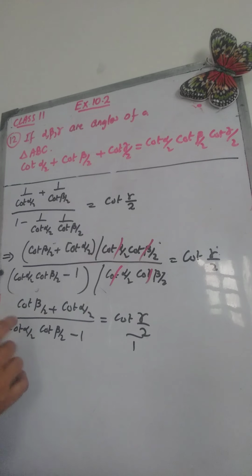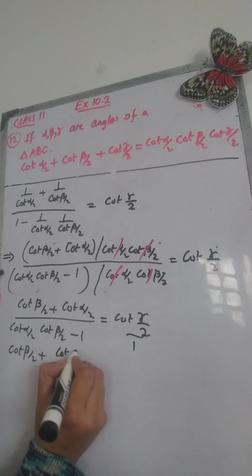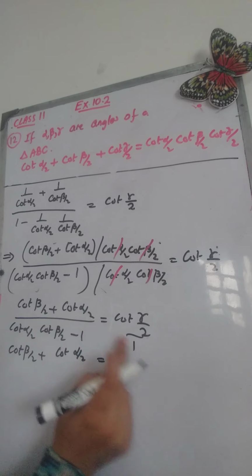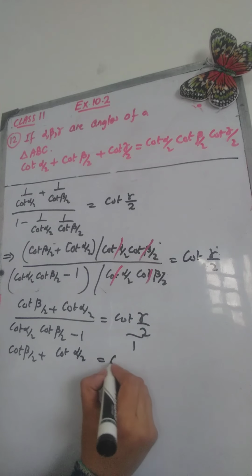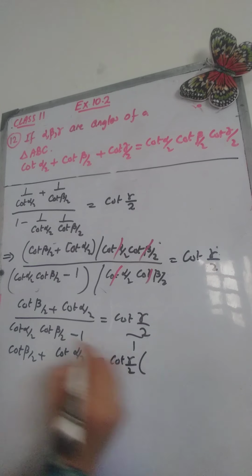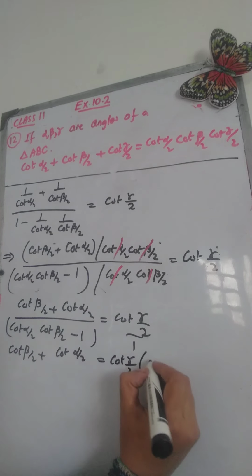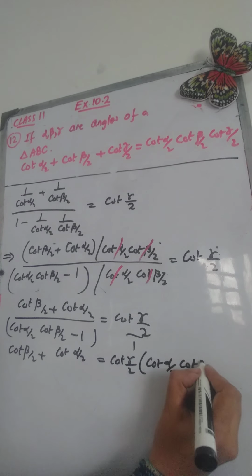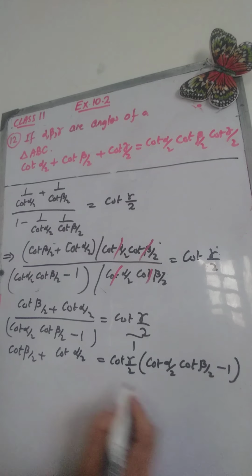Okay, this will be equal to cot beta by 2 plus cot alpha by 2 equals, multiplying this one with this, and cot gamma by 2 will be multiplied with this whole expression, cot of alpha by 2 cot of beta by 2 minus 1.